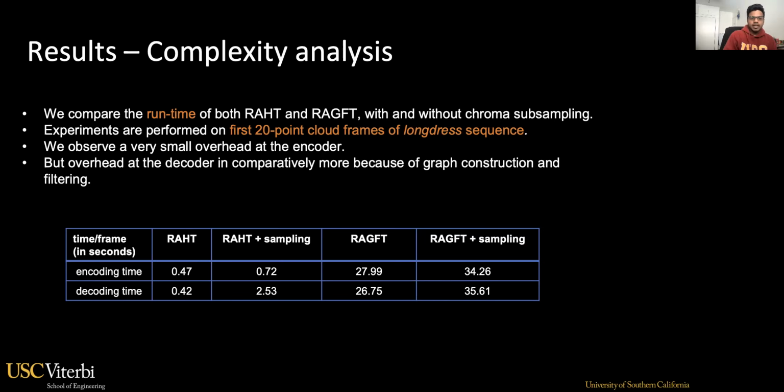At the encoder side, we can see that for both RAGFT and RAHT, the sampling doesn't add much complexity overhead. On the other hand, the interpolation has a little more complexity on the decoder end. This is because interpolation involves construction of a graph and also matrix vector multiplication.